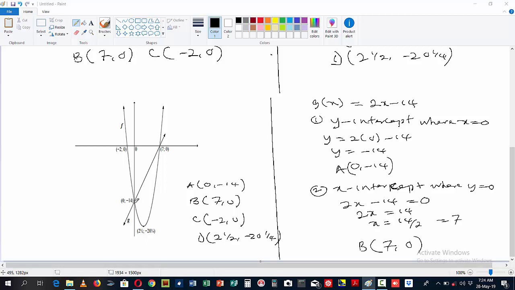This is our coordinate A. Now we need B. B will be here. This is our coordinate B. This is going to be our C.